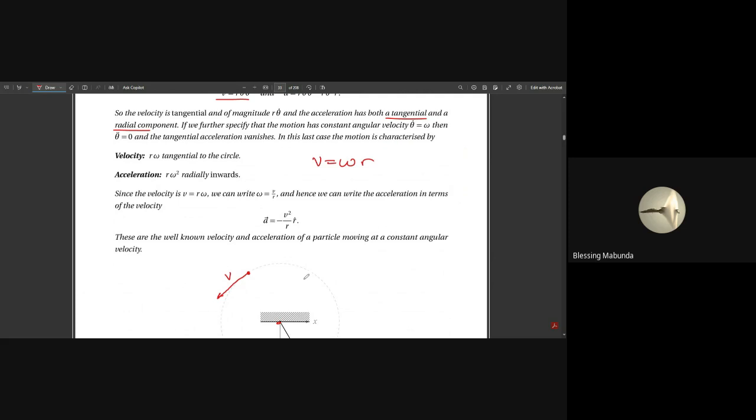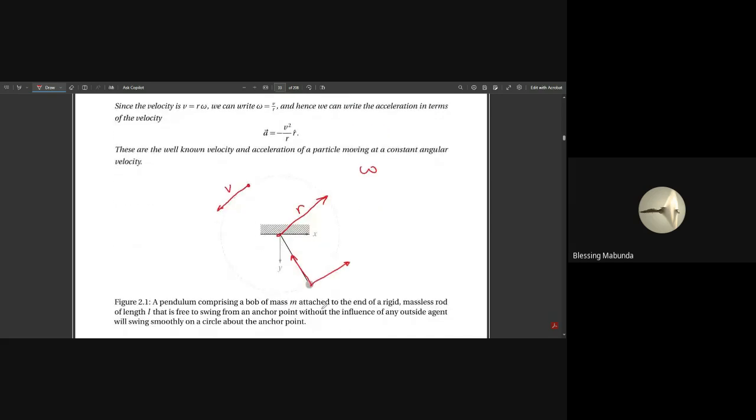If you're given its angular velocity, omega, and you know the radius of that circle, you can work out what v is. And the radial component of acceleration is r omega squared. That's the acceleration component that points inwards.